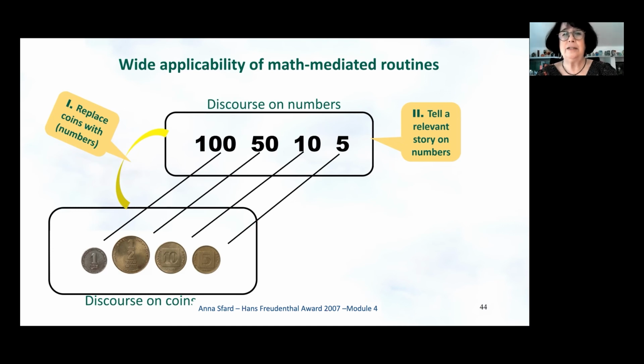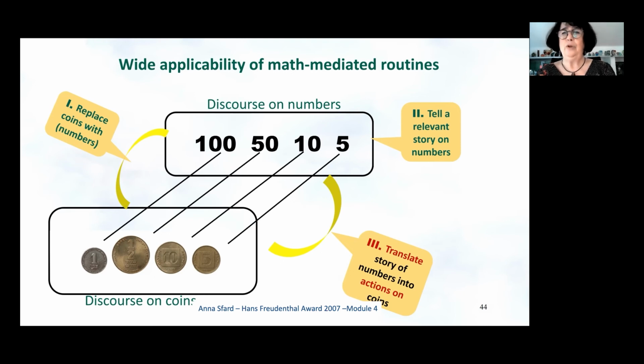The third step was to translate this narrative back into the discourse on concrete objects, into the act of passing the matching set of coins from the buyer to the seller. The monetary transaction, therefore, was a brief drama in 3 acts, with the middle one, the act of planning the action, resulting in the mediating story about numbers.